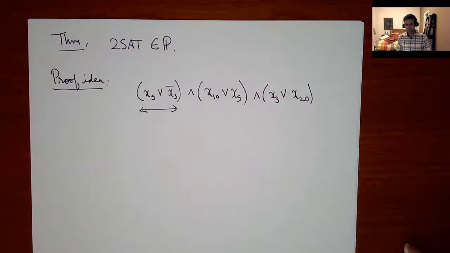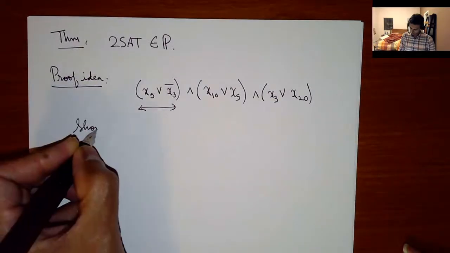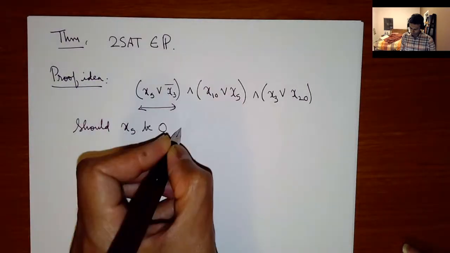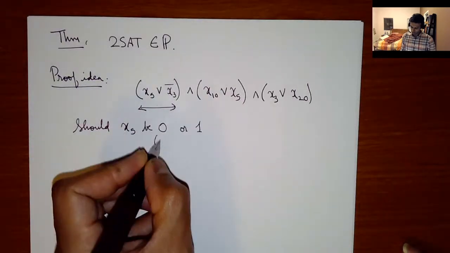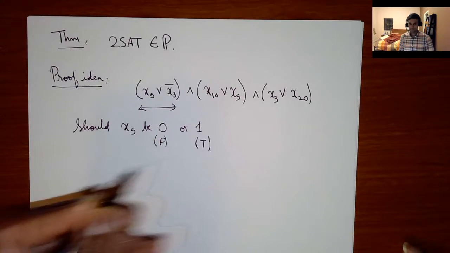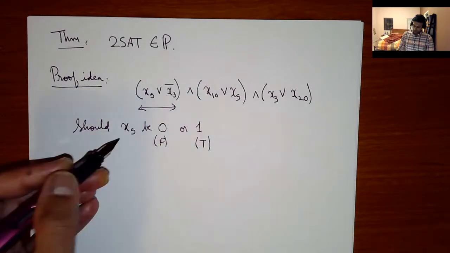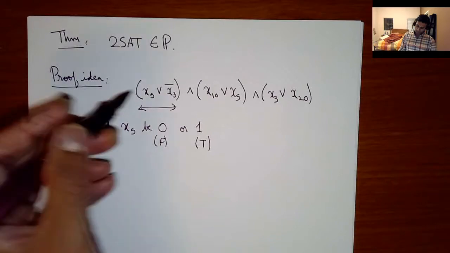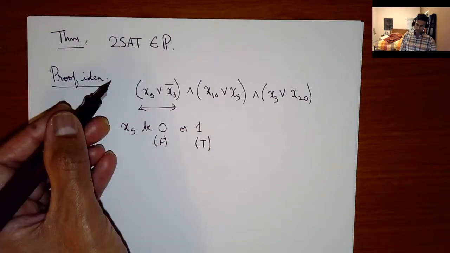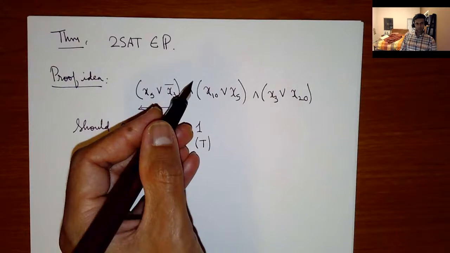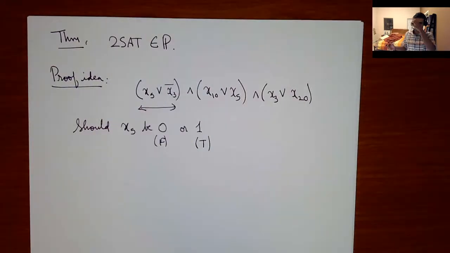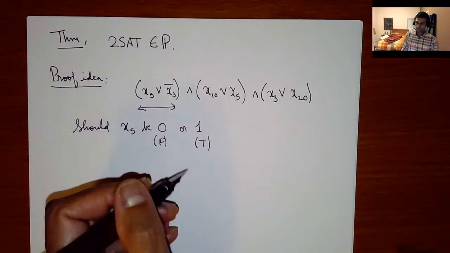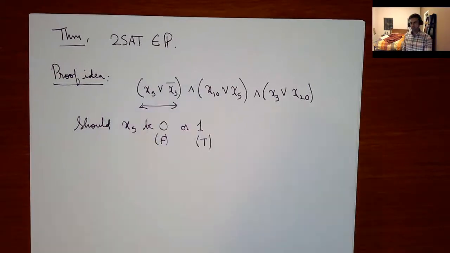And you could ask, should x5 be 0 or 1? Again, usually 0 is false and 1 is true. So if you set it to be true, well then of course you know that that becomes true. So you don't have to worry about that, and you don't have to worry about this clause. So you get rid of a bunch of clauses that become true. But suppose you set it to be false. Now what? So suppose x5 you set it to be false.